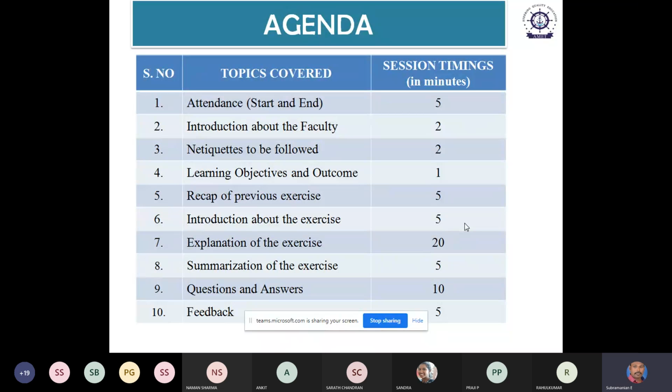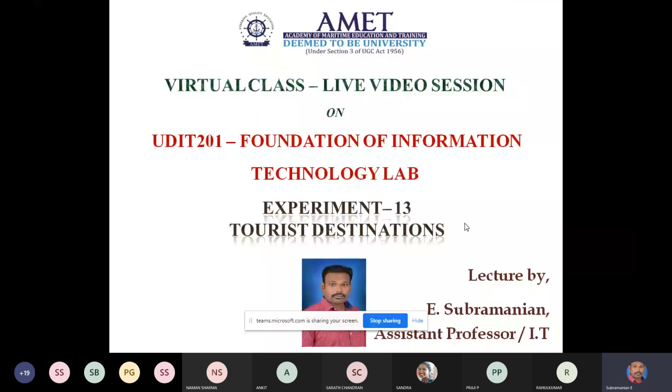Here, the difference in the platform compared to MS Office Word and Excel is that two additional menus are added: the design menu and the animation menu. We will see them one by one in the hands-on session. So this is what entirely about MS Office PowerPoint.